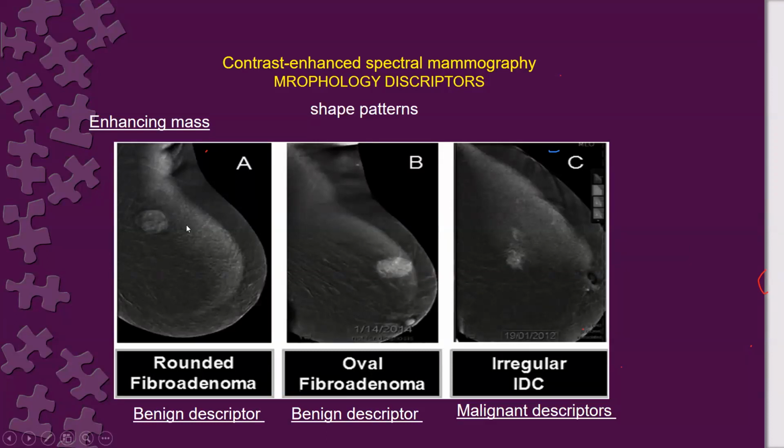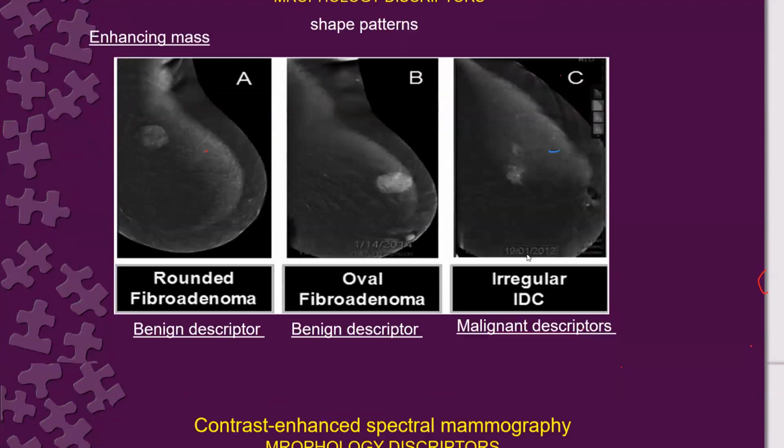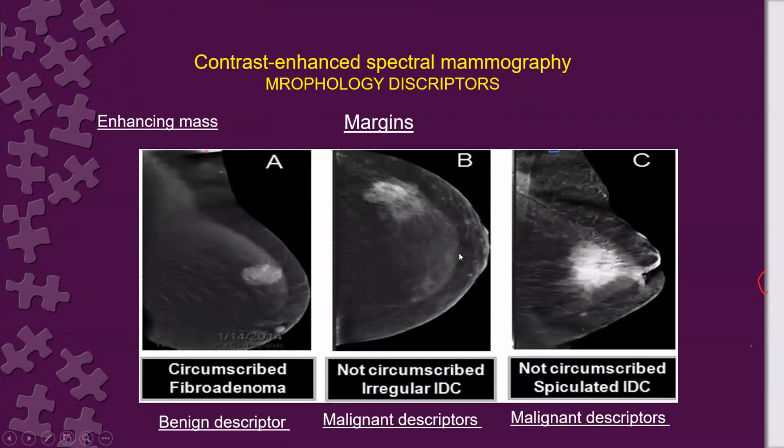Regarding shape, it is the same as other modalities. Regular, oval or round shape is a benign descriptor, and irregular is a malignant descriptor. If the margins are circumscribed, it is usually, with few exceptions, a benign descriptor.